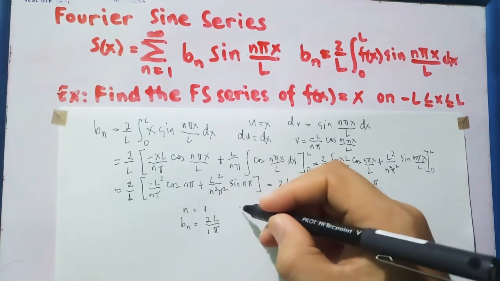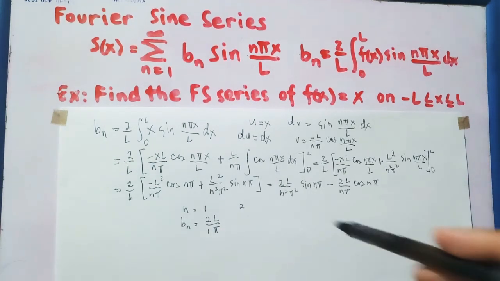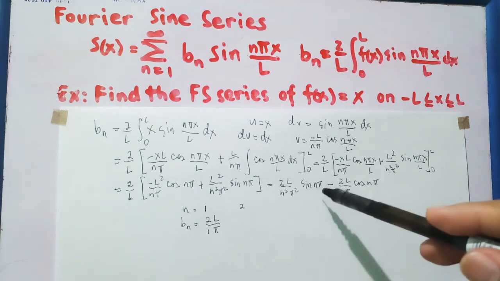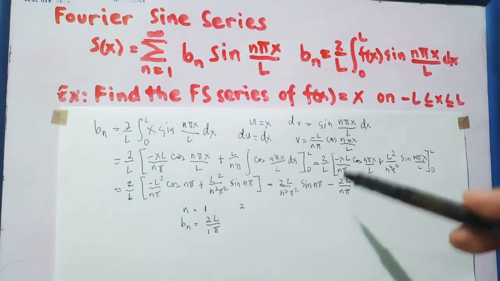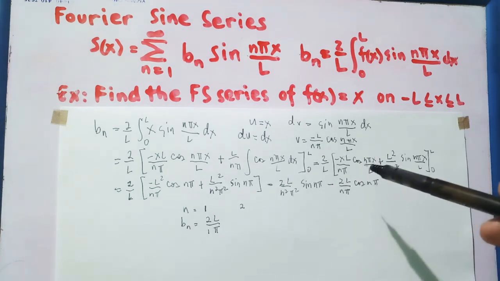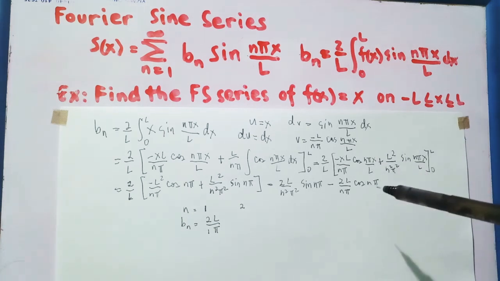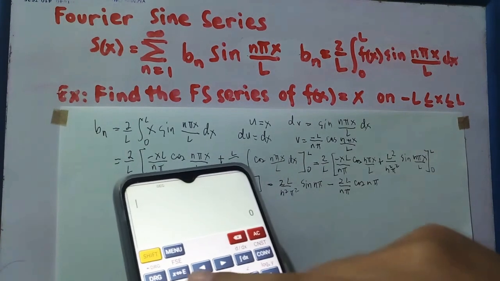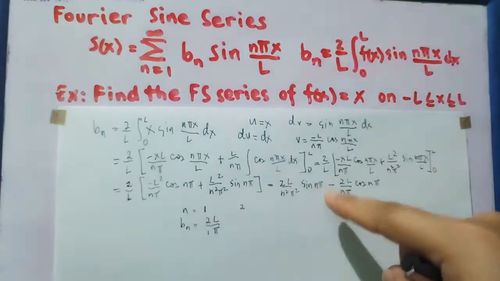Okay, when n is equivalent to 2, what happens here is, 2 times 180, that is 360. So if we calculate sine of 360, I will be using the calculator. Sine of 360 is equivalent to 0.